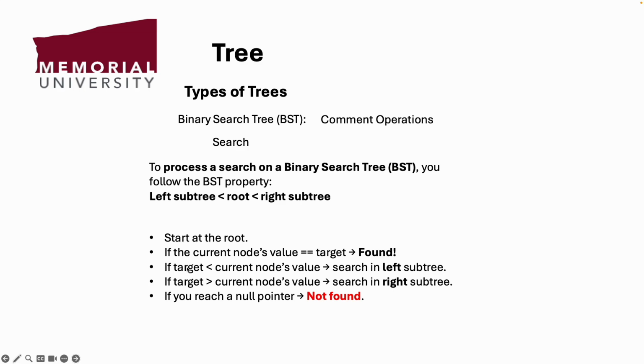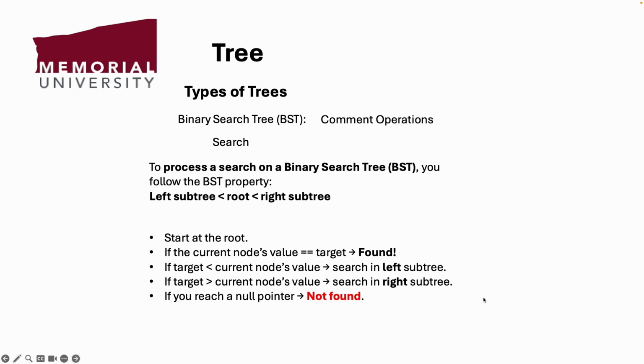If the target value is less than the current node value, the search goes to the left subtree, so in this case we ignore the right subtree. If the target value is greater than the current node value, the search processes only the right subtree, and the left subtree is ignored.